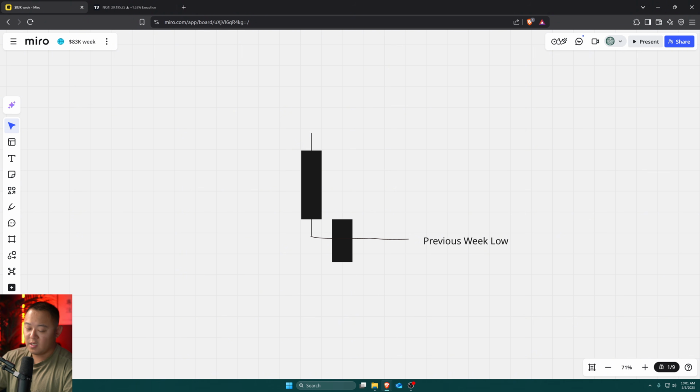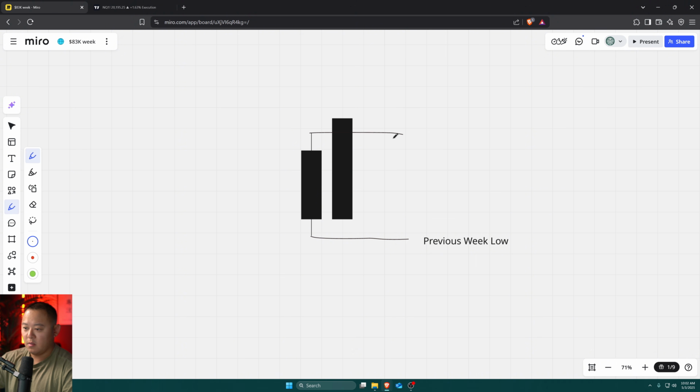So we have previous week's low, and as this candle is forming, we don't yet have a wick. Now this candle could trade higher, it could trade lower, but as soon as we take out that sell side liquidity, what I'm looking for is a rejection higher to then take out what? The buy side liquidity. So we have previous week low, and then we have previous week's high.